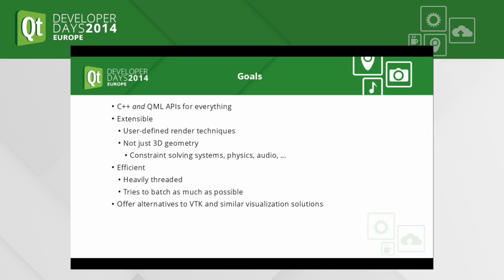And obviously the other problem we had to solve or address was efficiency. So we have a threading design based on Threadweaver, actually, from KDE, which tries to use multiple cores on your CPU and obviously also create rendering batches which are as friendly to your GPU as possible.